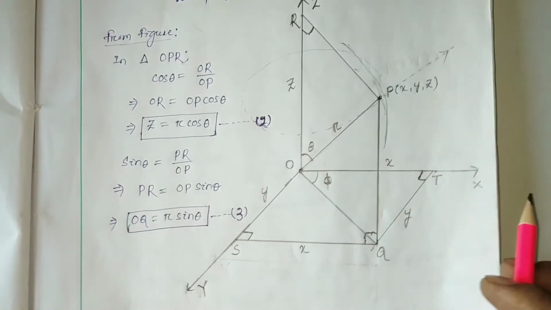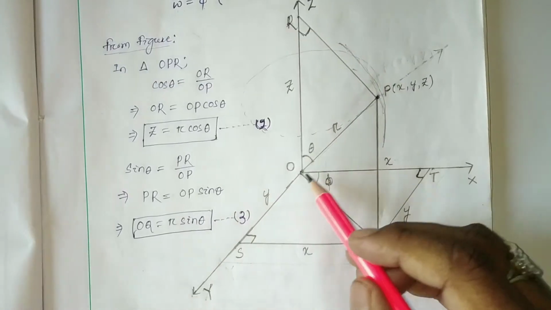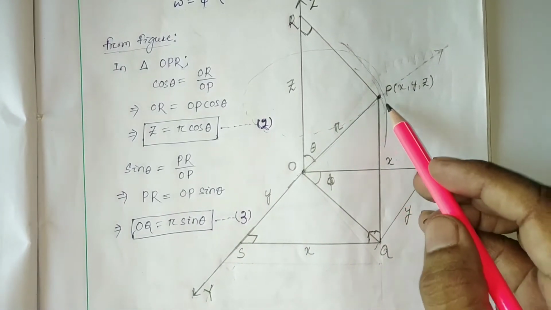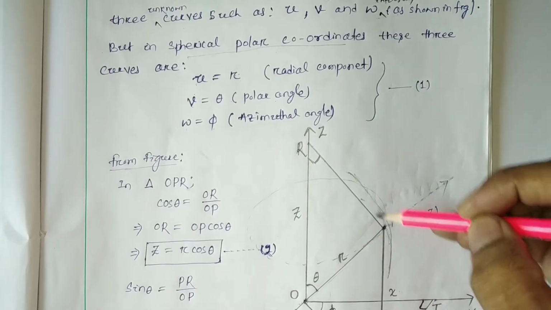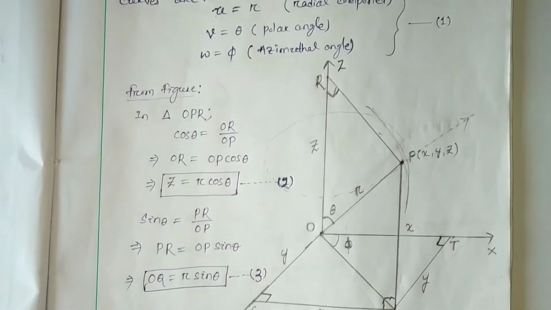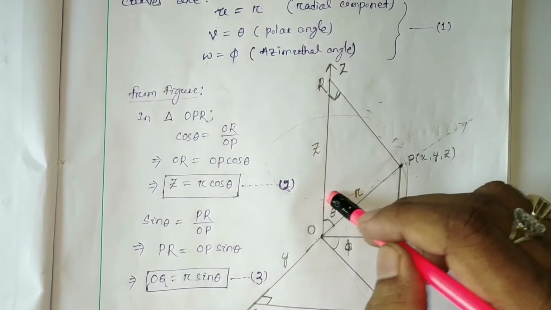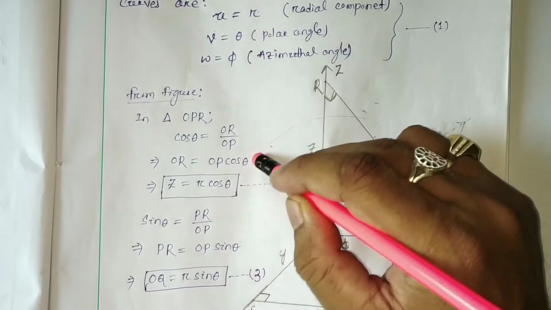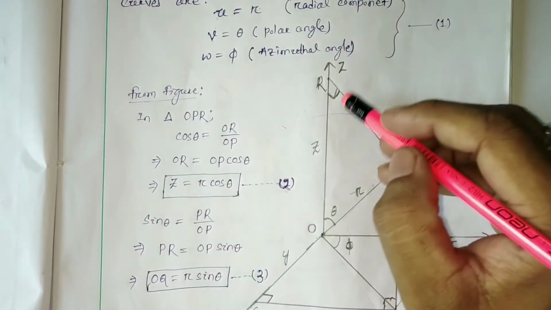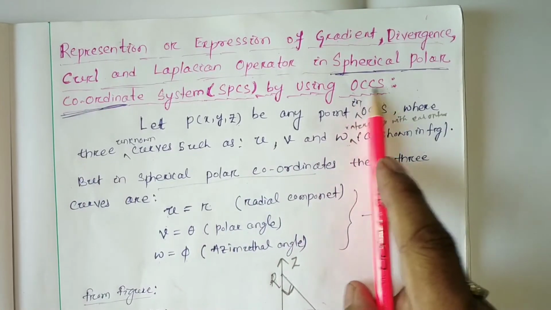Now if we consider the triangle OPR, this is the perpendicular on the Z axis. Clearly you have to draw this figure. You need not draw these curves because we already discussed these things in that video, the video in which I discussed the importance of OCCS.